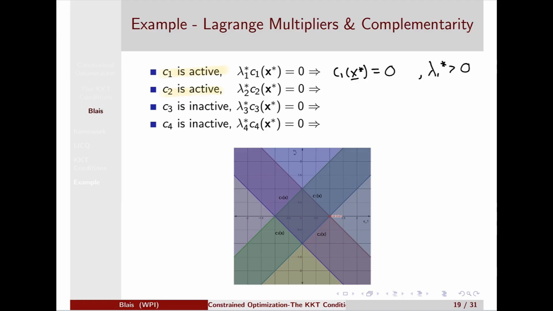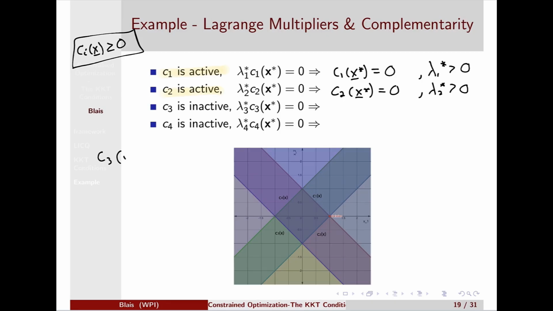We have the same result here. C2 of x star being active means that it holds with equality. Remember that each of these are inequality constraints, but being active means they hold with equality. And so their Lagrange multipliers are on. Since C3 and C4 are inactive, C3 at x star was strictly greater than 0, and this complementarity condition requires lambda 3 to be 0, and the same for lambda 4.